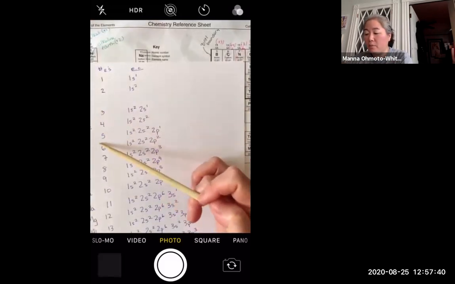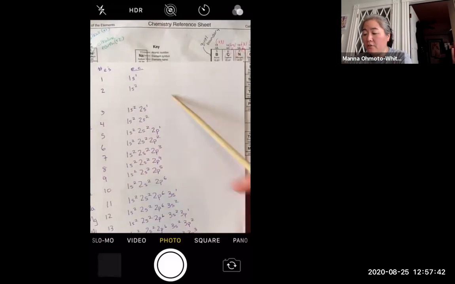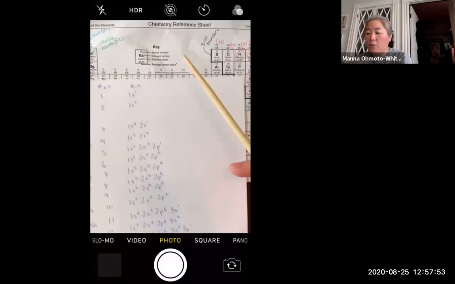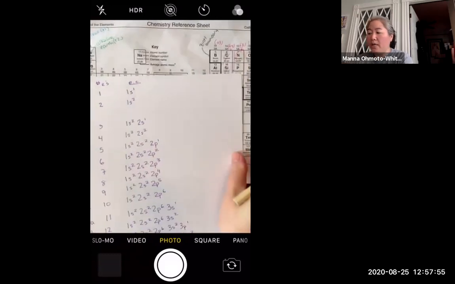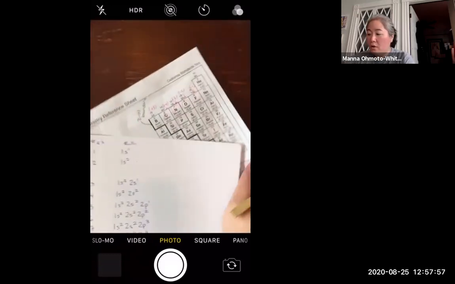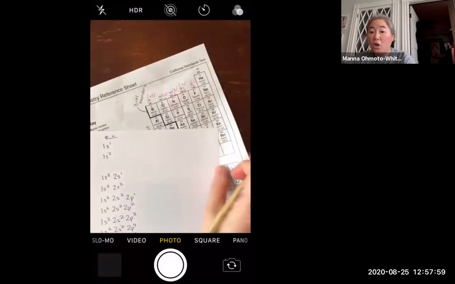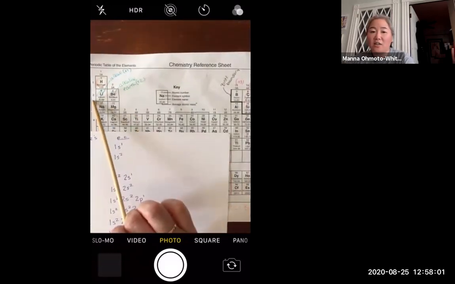Lithium, beryllium, boron, all the way to neon, all of these 8 elements have their last electrons in the second energy level. Some in the S, some in the P. What do you see? Lithium all the way to neon are all in the, yes, second energy level, second row of your periodic table.